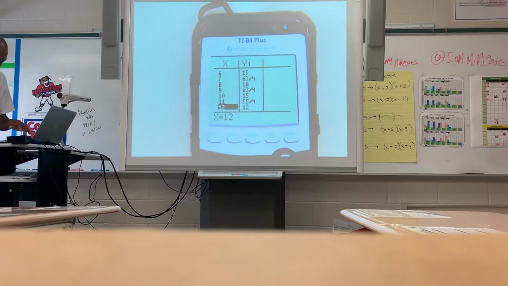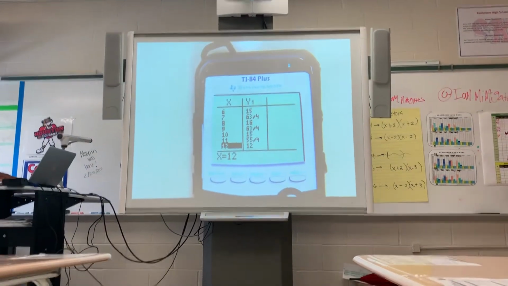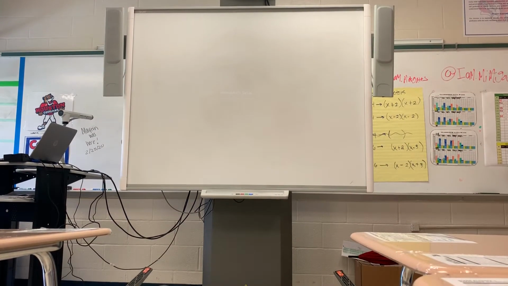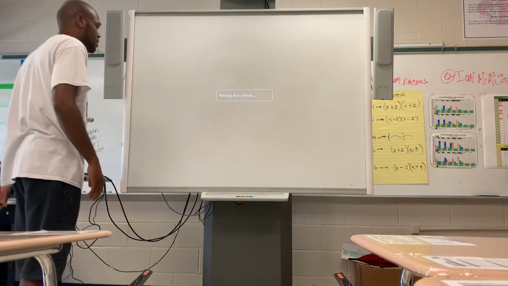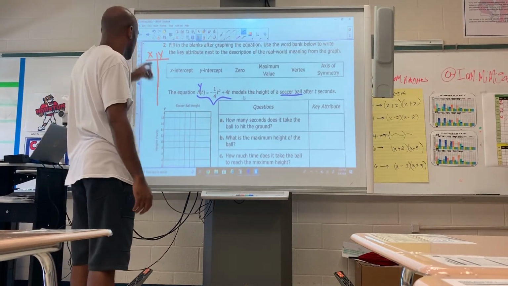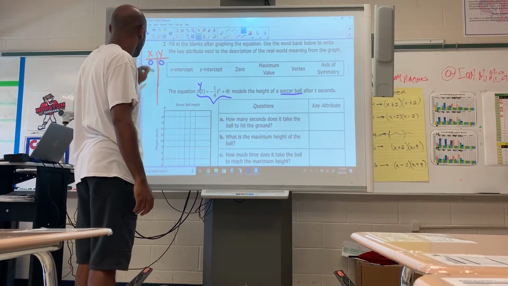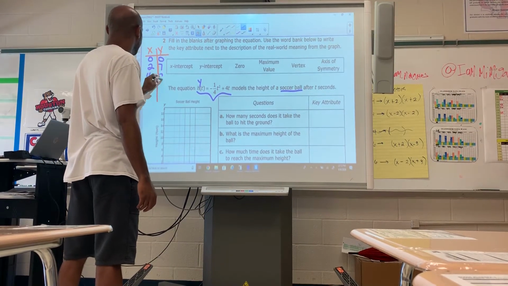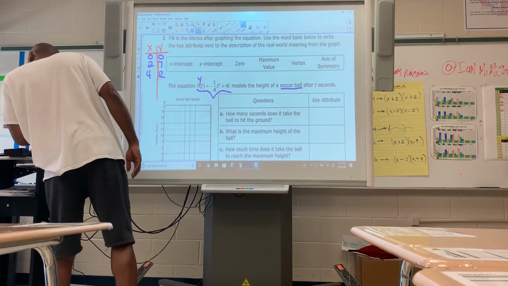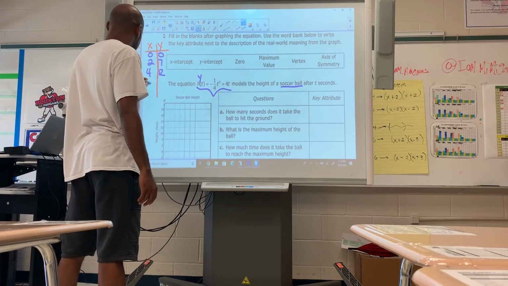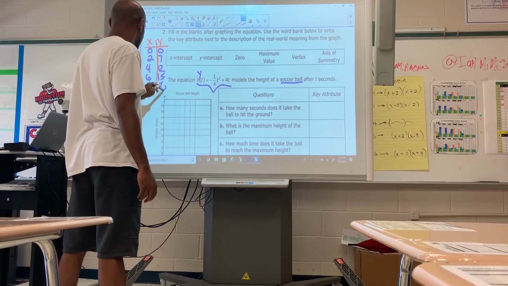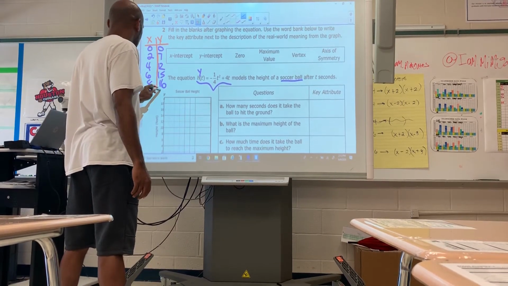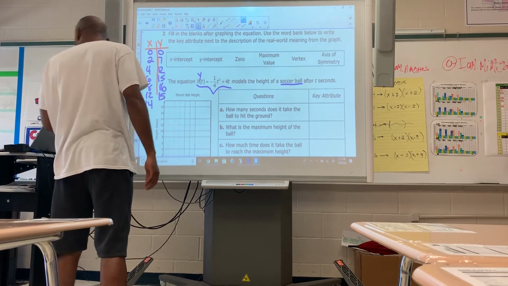So let's go back to our paper. We're going to jot this down. So our first numbers, we knew it was at 0 and 0. We had 2 and 7, 4 and 12, 6 and 15, 8 and 16.